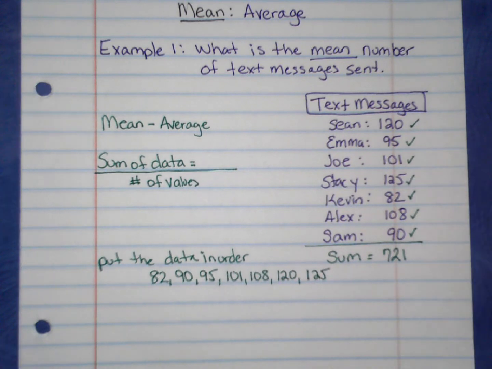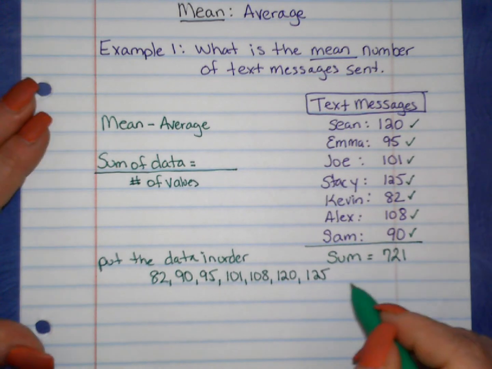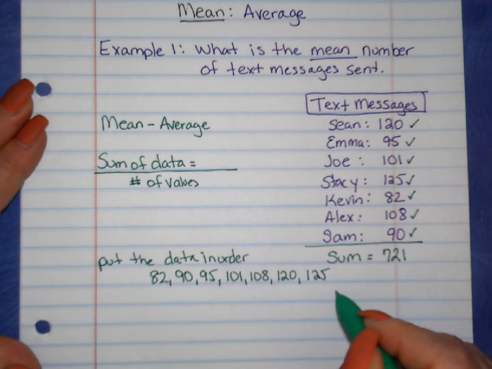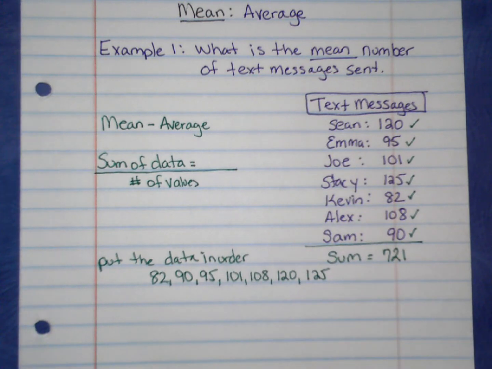Okay, so I am telling you to put them in order because when we get into median and mode, you must put them in order. Some math questions are going to ask you for mean, median, and mode. So you have to put them in order, okay?